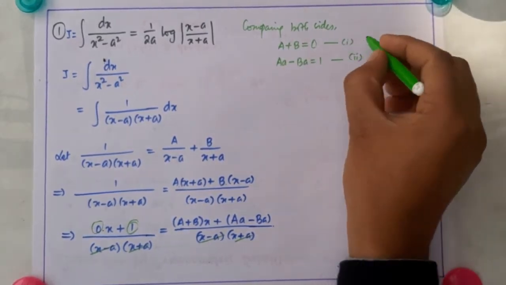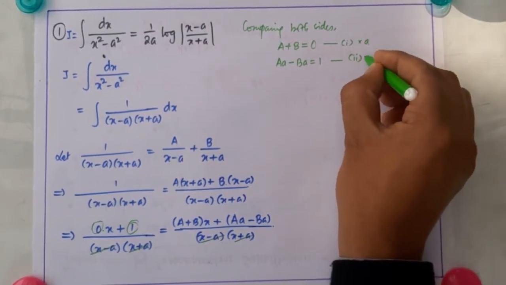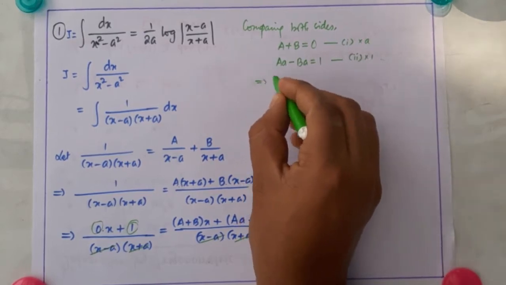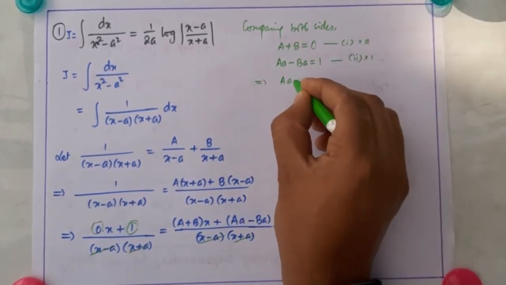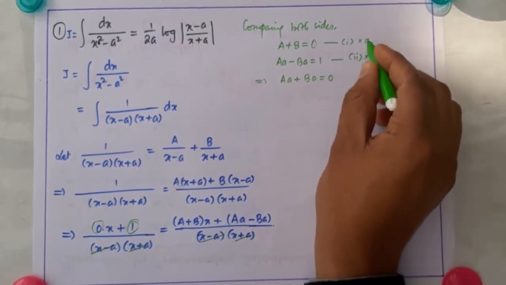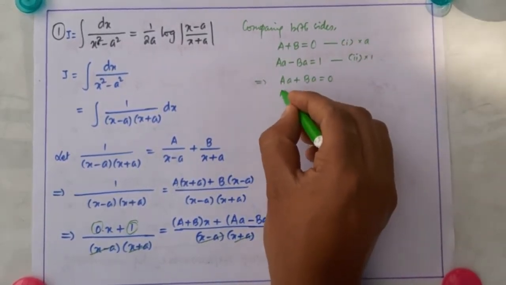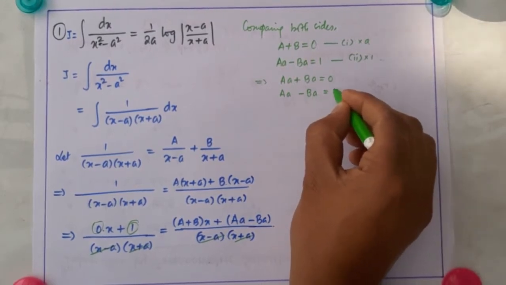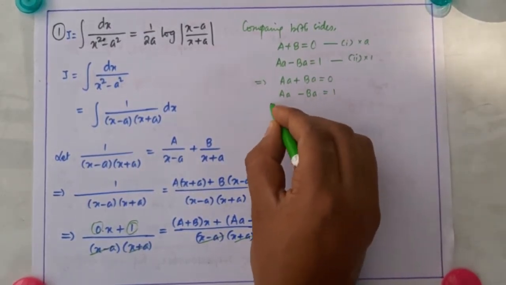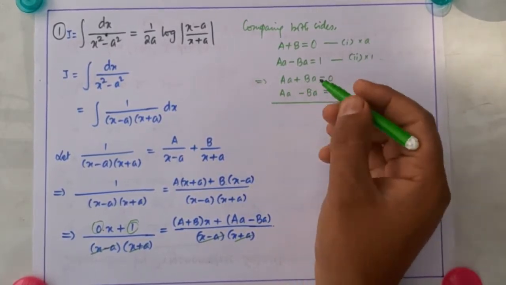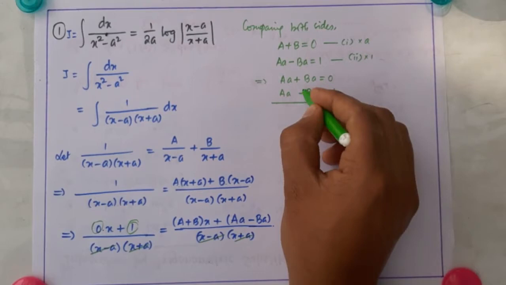Now you need to solve 1 and 2 and find the values of capital A and capital B. Let's multiply equation 1 with a and equation 2 with 1. So you will get Aa plus Ba is equal to 0 into a, which is 0, and you have Aa minus Ba is equal to 1. Let's add them.